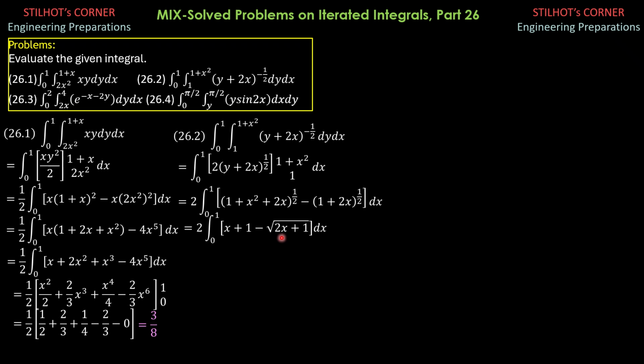So this is 1 half integral of 2x plus 1 times 2 dx. So that's 1 half integral of u to the 1 half. So that would be minus 1 half u to the 3 halves over 3 halves, or 1 half times 2/3, 2x plus 1 to the 3 halves.